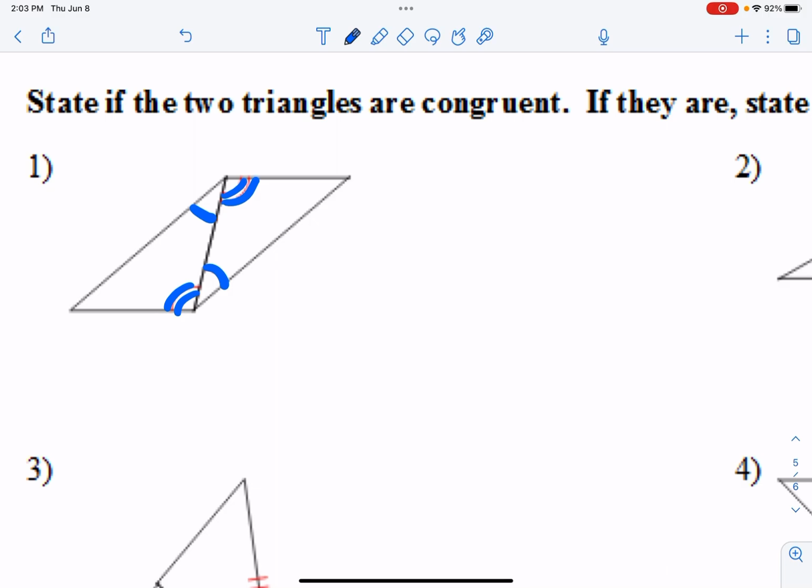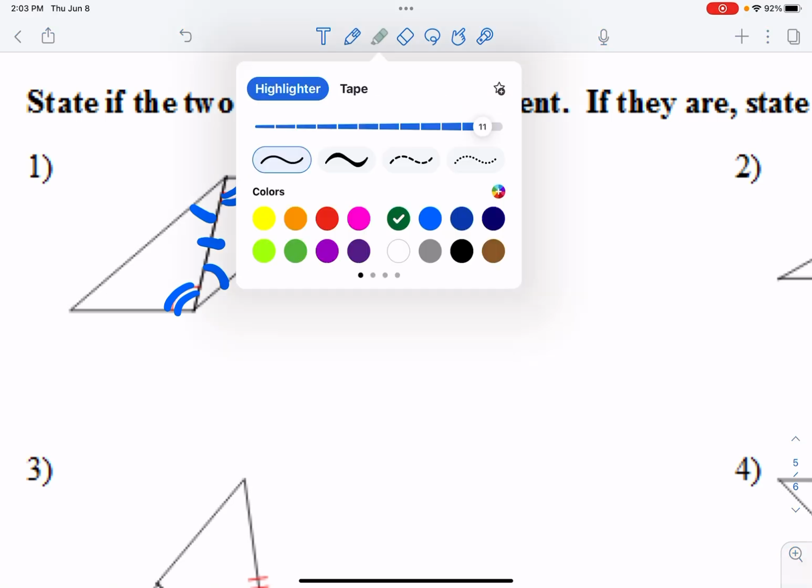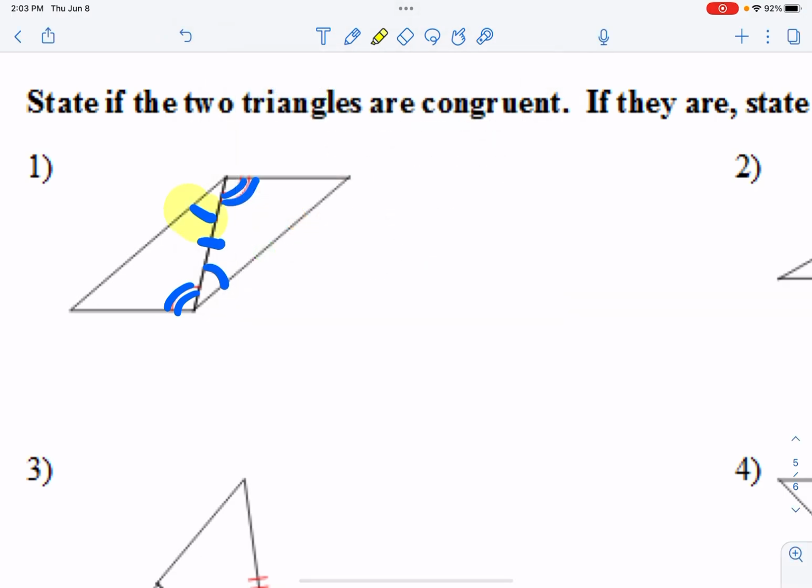Now keep in mind that I have a side that's included between them. So these would be congruent by angle, side, angle.